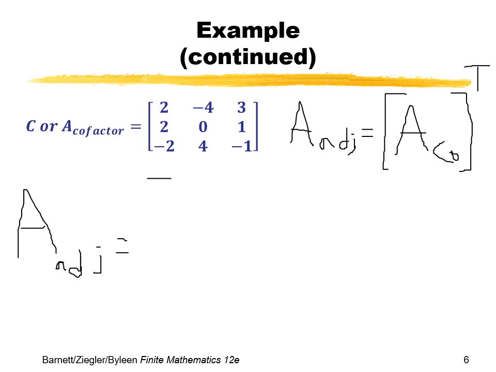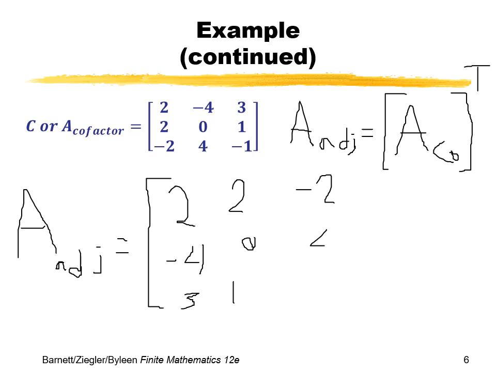we will change the first row to be the first column: 2, -4, 3. The second row to be the second column: 0, 1. Third row to be the third column, or changing columns to rows.